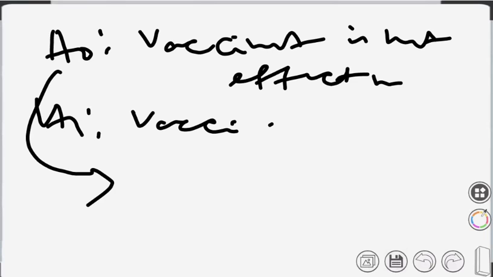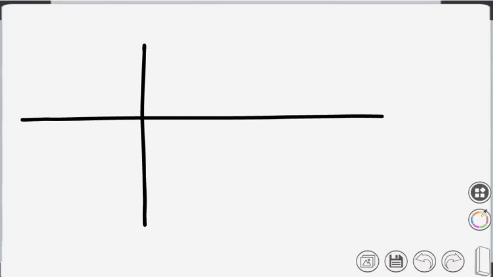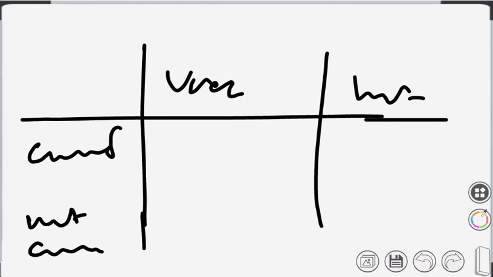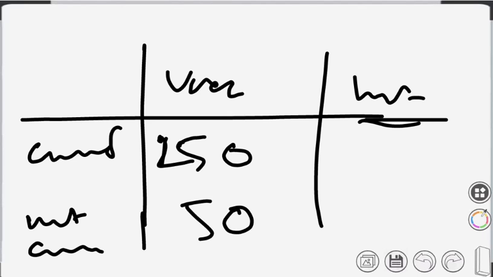We can write the table in a different manner also. Cured, not cured; vaccinated, not vaccinated. So vaccinated, cured, how many? I think I have written 250. Vaccinated, not cured was 50.